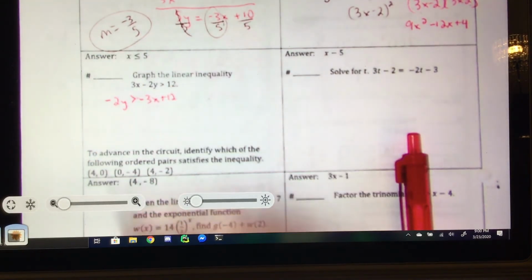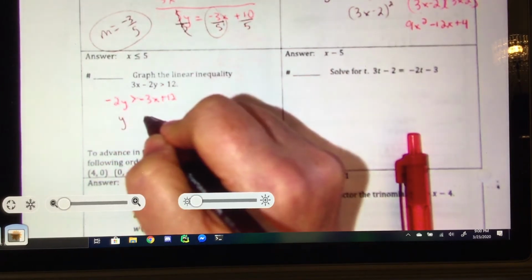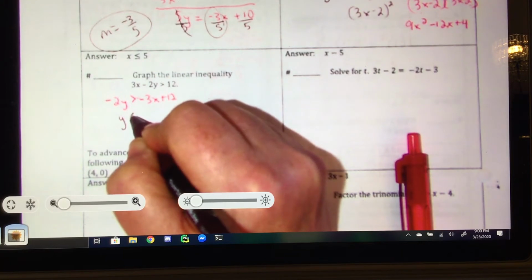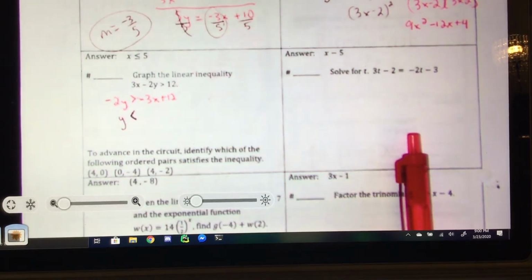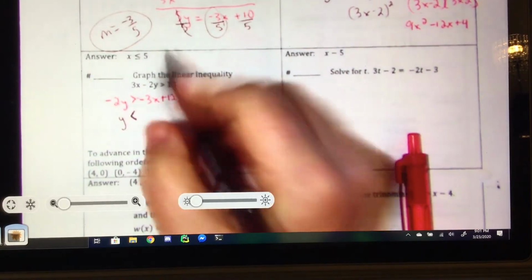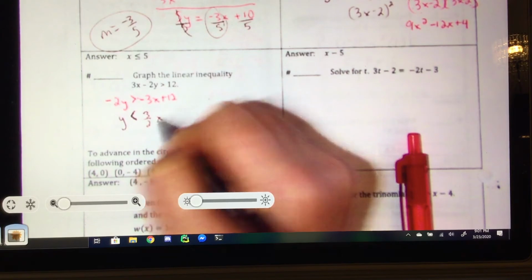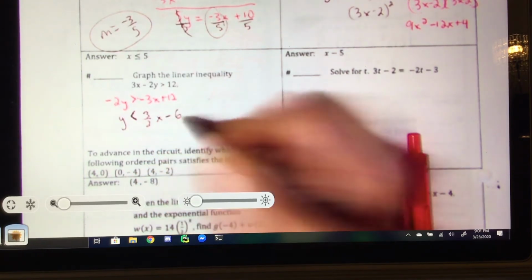So I'm going to divide by negative 2, and that would give me y. And because I'm multiplying or dividing by a negative number, you have to flip the inequality, and that would give me 3/2 x. Let's see, 12 divided by negative 2 is negative 6.